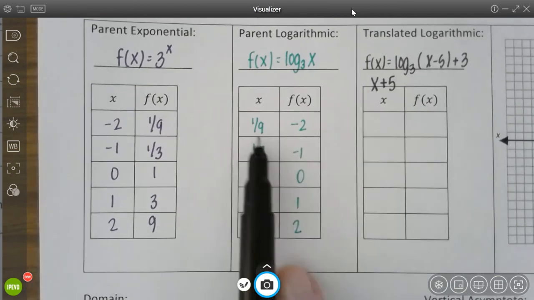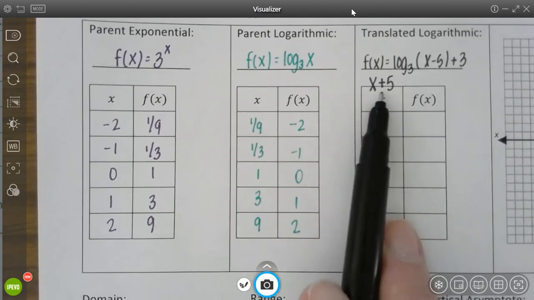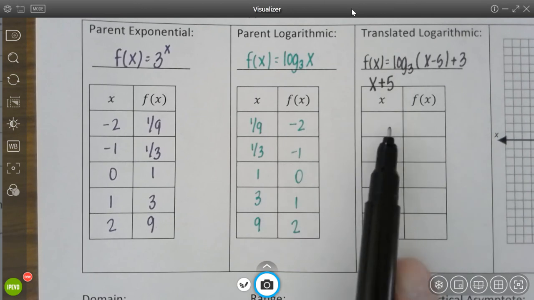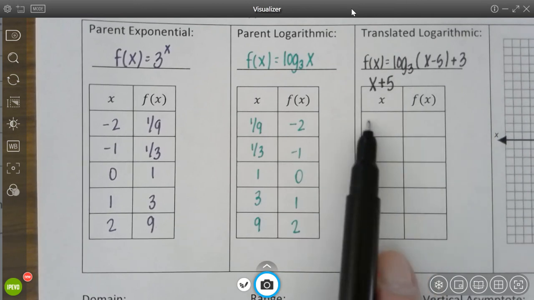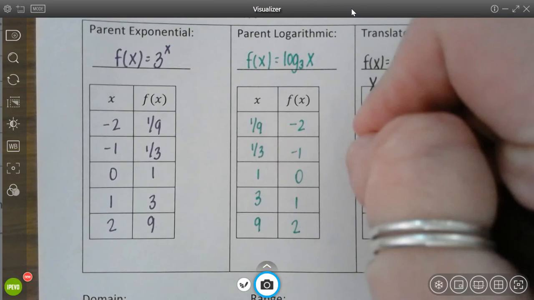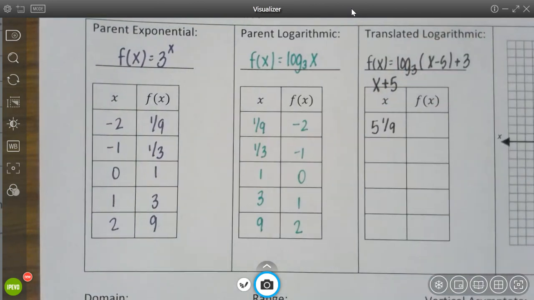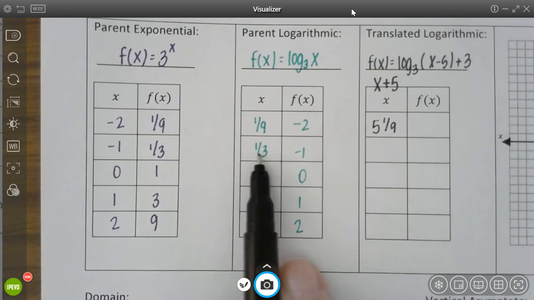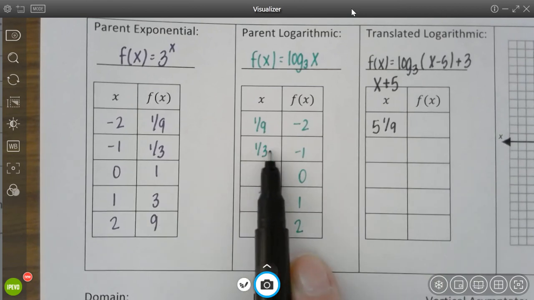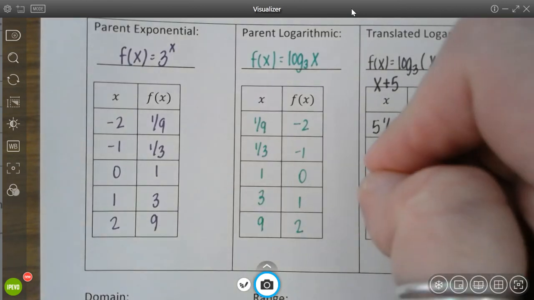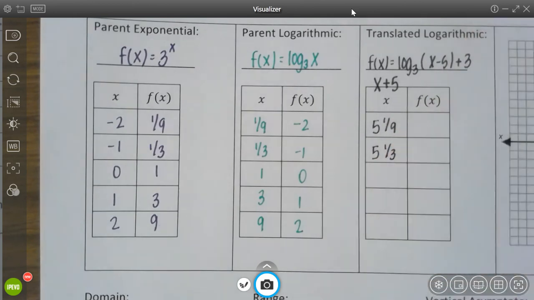If I want to take 1/9 and add 5 to that, that's really telling me I'm graphing 5 and 1/9 here. If I want to take 1/3 and add 5 to that, I'd really be graphing 5 1/3. So with the addition ones, it's pretty nice.